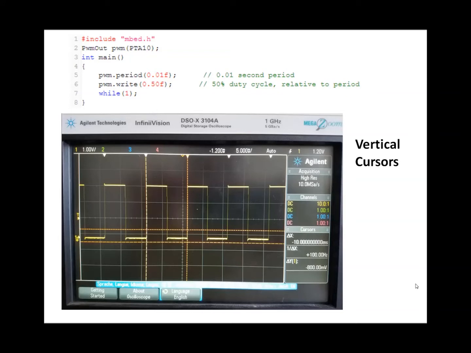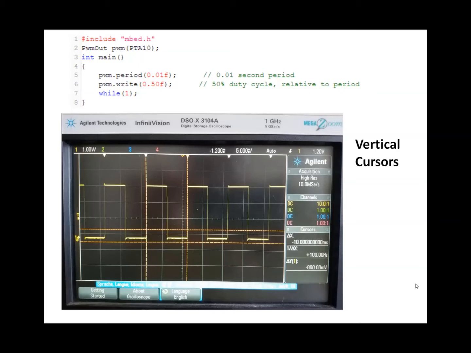So before discussing this problem, let's teach you the cursor. There is a cursor in the oscilloscope to measure tiny stuff. For example, now it's not aligned with the cell, as you can see, right? So how to measure from here to there? There is something called vertical cursor.